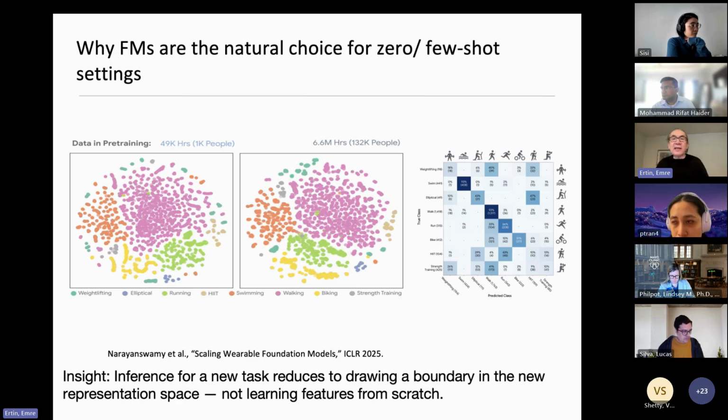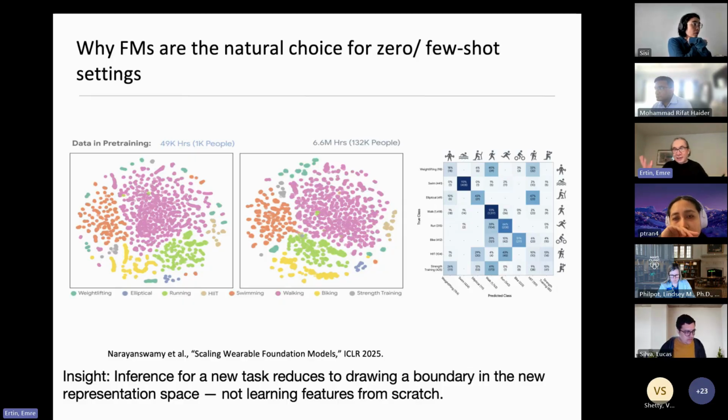The data itself organizes so that different activities map to different regions in the space. And therefore it does well in activity recognition without being trained on it. So I think this provides us the insights. Why do we need few examples to train on top of a foundation model?